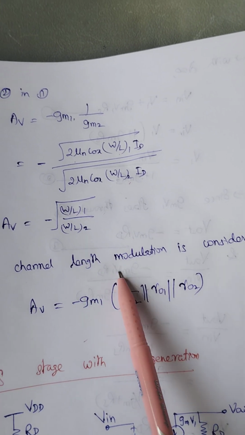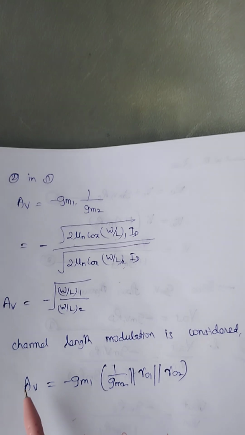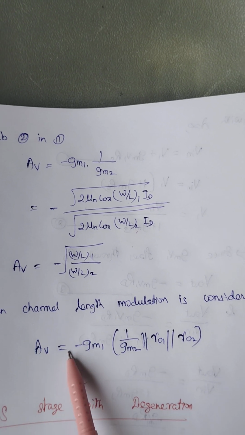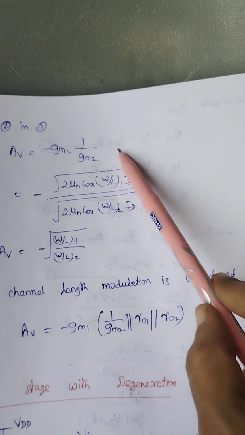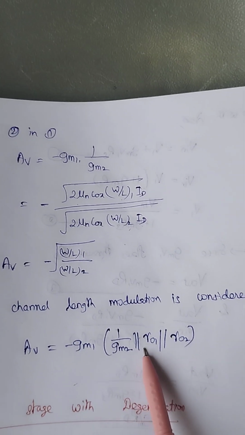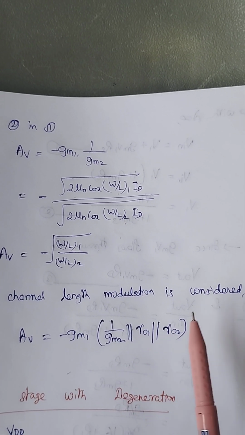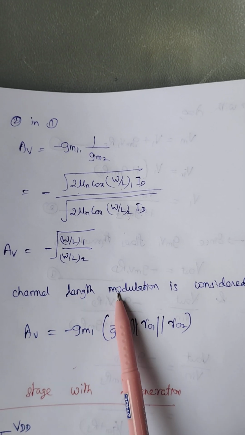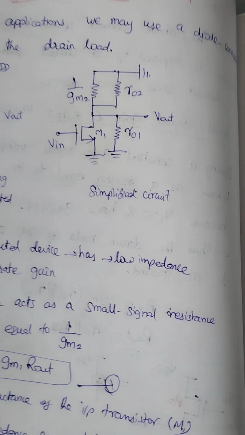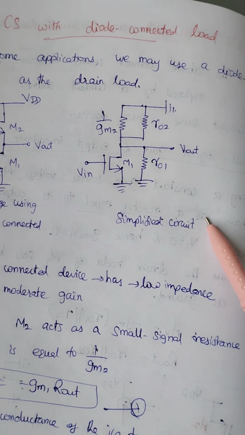Then if you are considering channel length modulation, what will be your gain value? AV equals minus gm1 into 1 by gm2 parallel RO1 parallel RO2. These two output resistances are considered if you are considering channel length modulation. This is the common source stage with diode connected load.